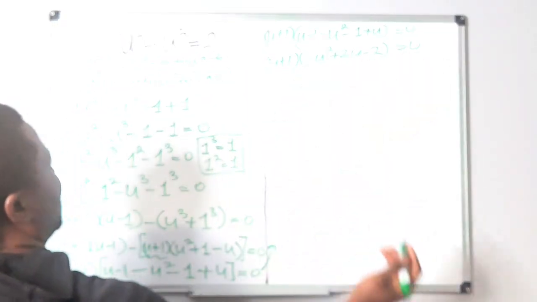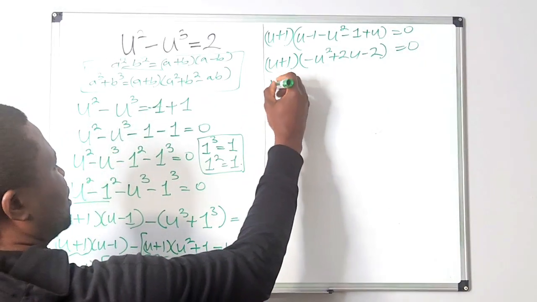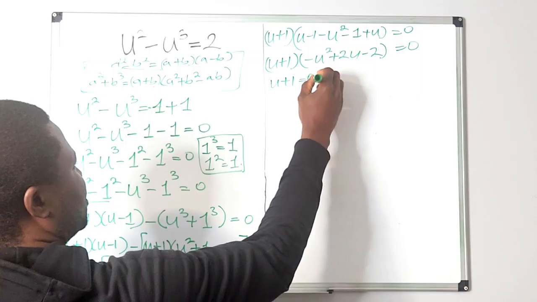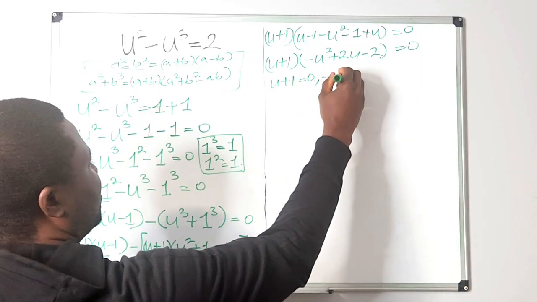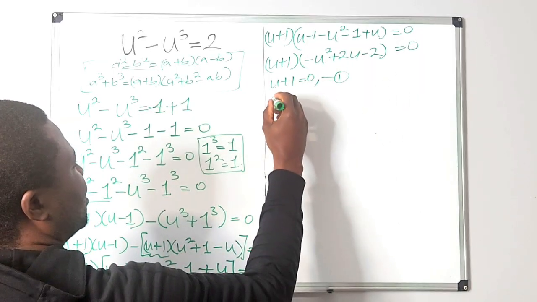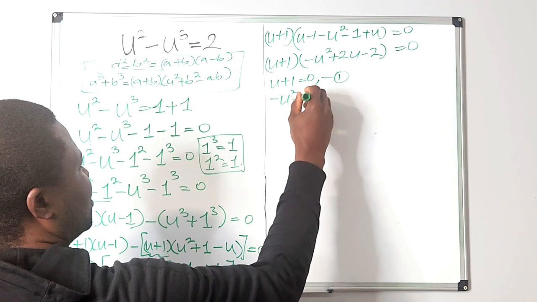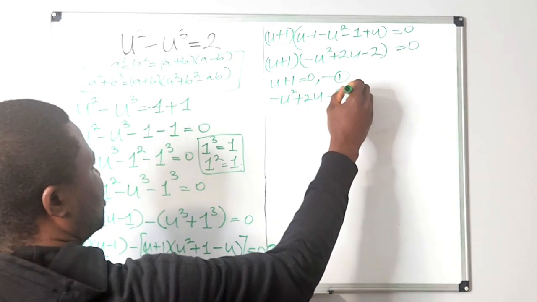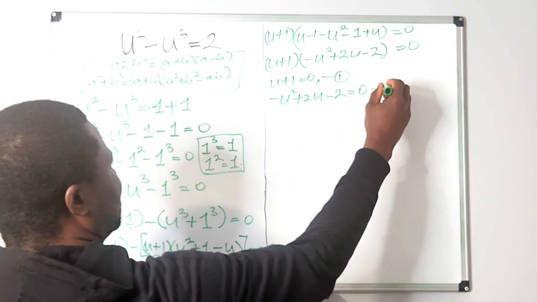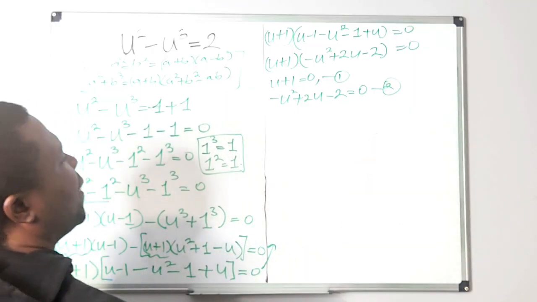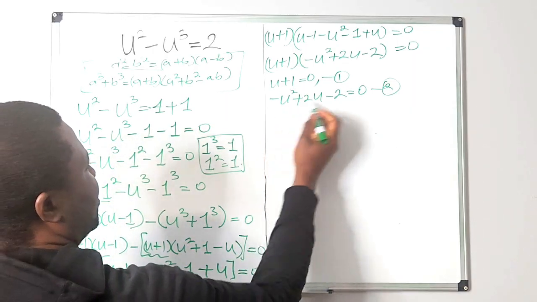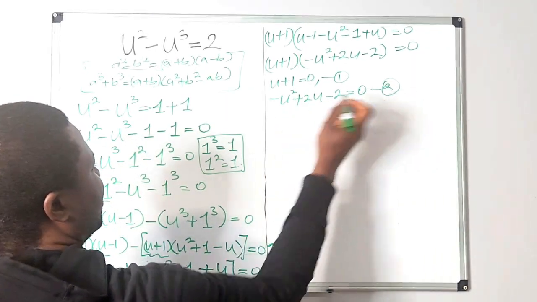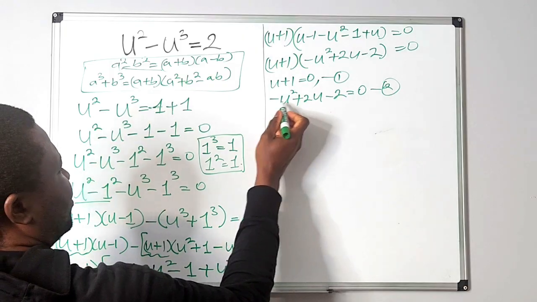So now we have two equations, okay? So this becomes u plus 1 equals 0, equation 1, and minus u squared plus 2u minus 2 equals 0, equation 2. Now we can multiply both sides by minus 1 so that this becomes positive.